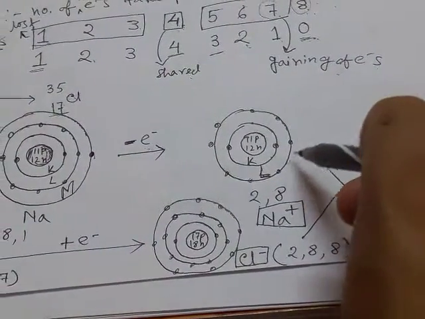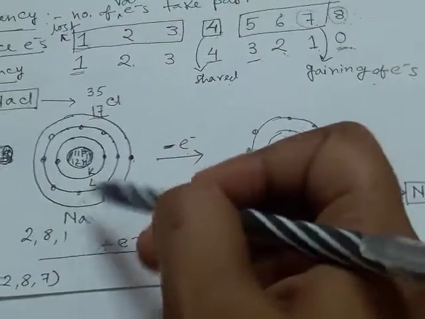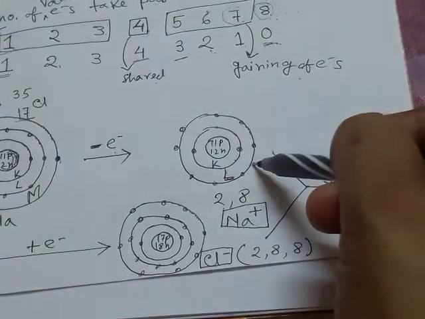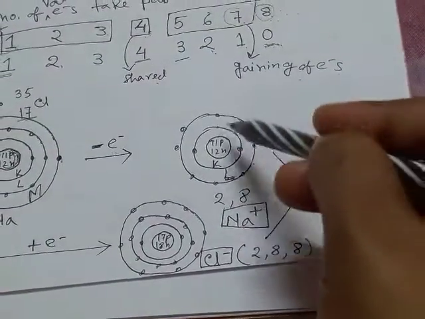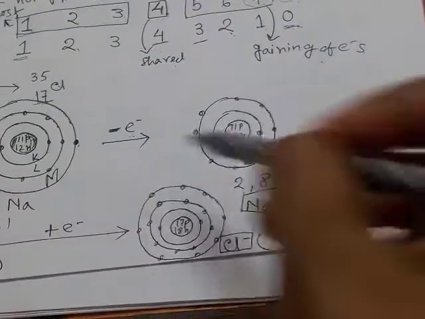So this is the stable electronic configuration. Thus by losing 1 electron, the sodium atom attains the stable electronic configuration, and this is the atomic structure for the sodium monopositive ion, as 1 electron is lost here.